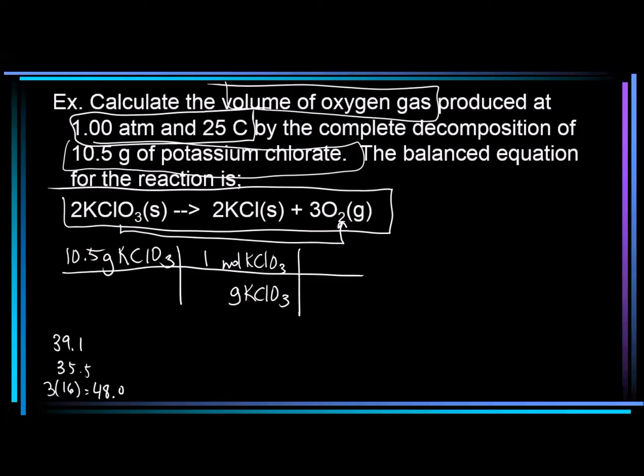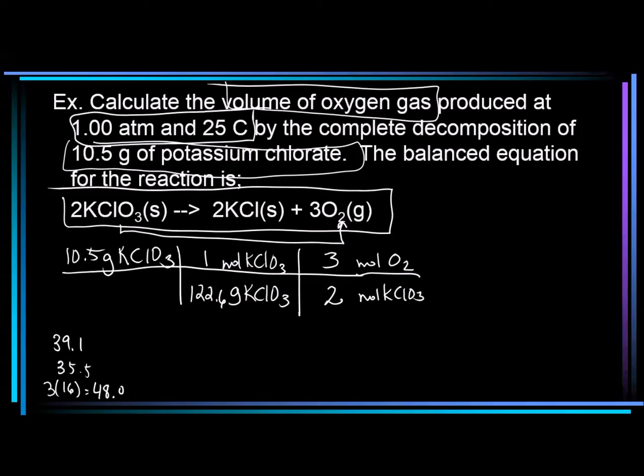Somebody add that up real quick. Okay, so now we are in terms of moles. Now we can travel from KClO3 land to oxygen land. And where do we get that exchange rate? Equation. In oxygen, it'll cost me 3 moles what typically will cost me 2 moles in KClO3 land.